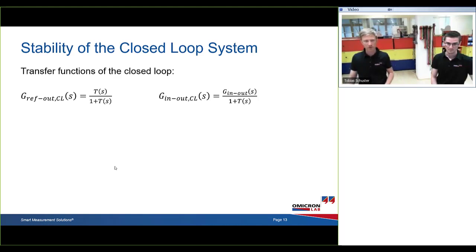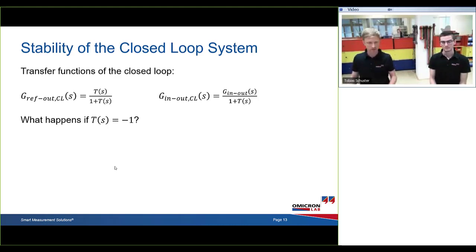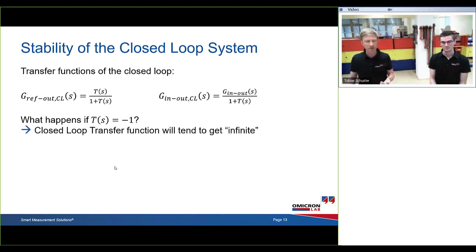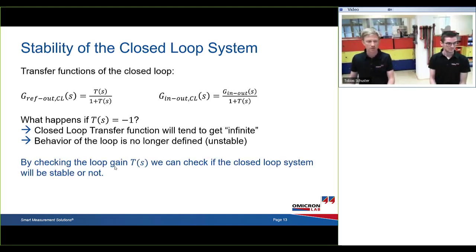Yeah, so I already started to mention the phase margin test. When we look at the transfer functions of the closed loop, then in both cases, reference to output and input to output, there is the 1 + T in the denominator. So what happens when T tends to get to -1, then we'll have a problem, because we will have 1 minus 1 is 0, and 0 in a denominator is simply not good, or mathematically undefined, or tends to infinity, and the behavior of the loop is no longer defined, it's unstable, and we don't want that.